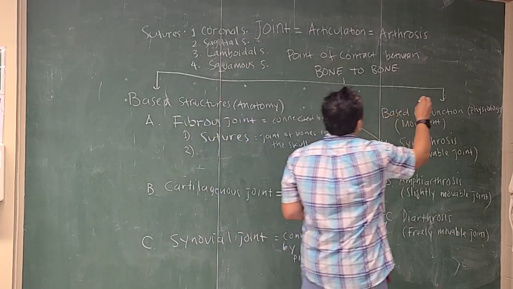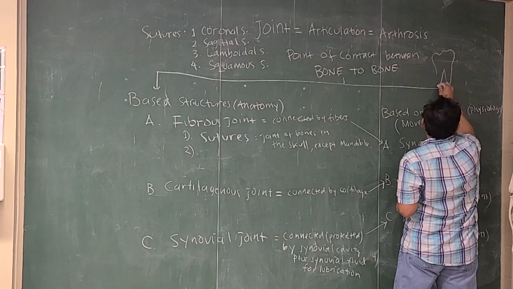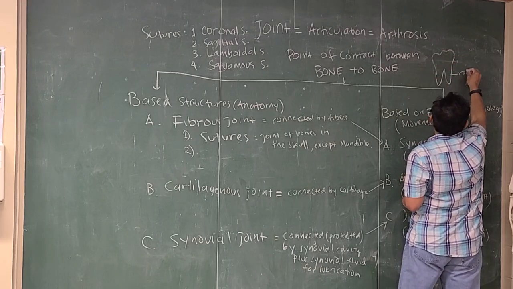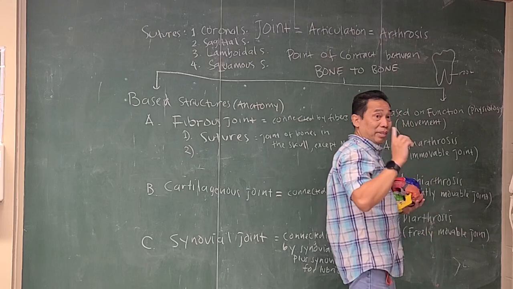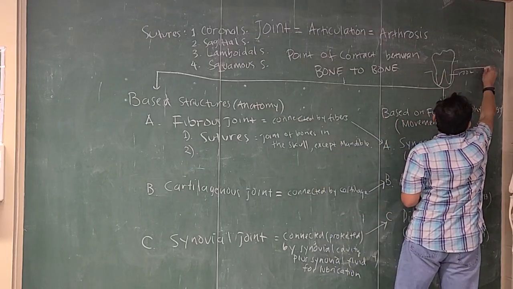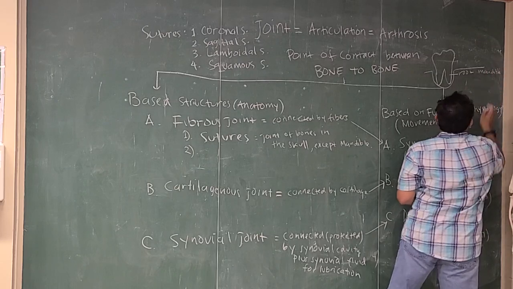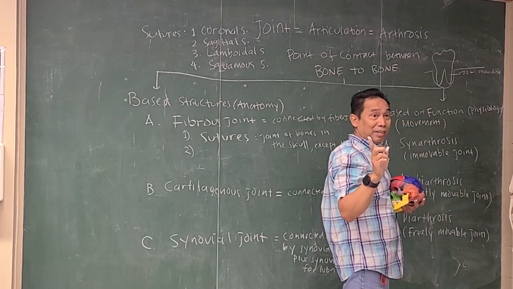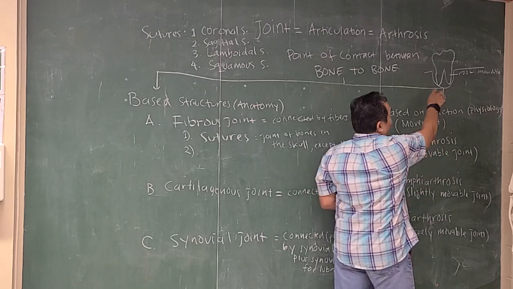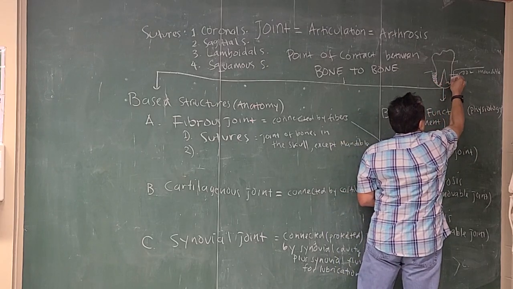Now, if you see the teeth, let's say this is a tooth, then you have this root, right? The root of the tooth. And you have the bone, let's say this is the mandible. This root is actually held by fiber.